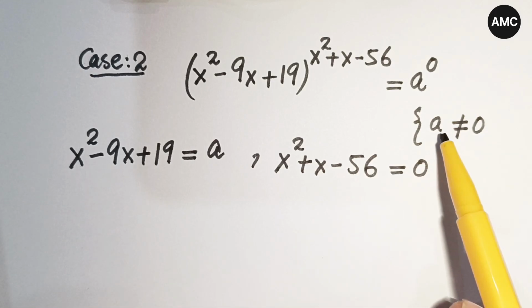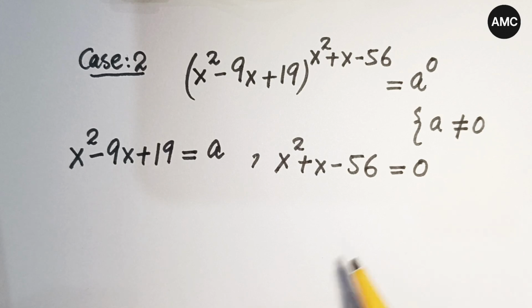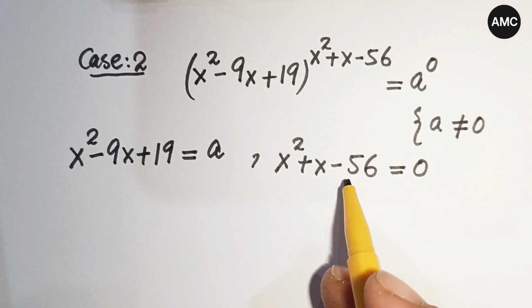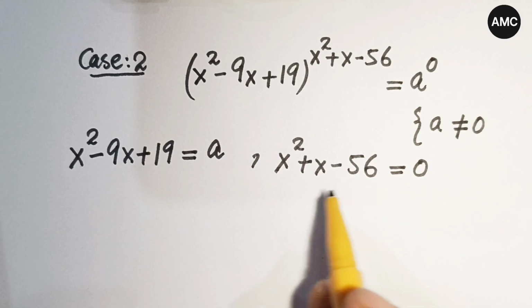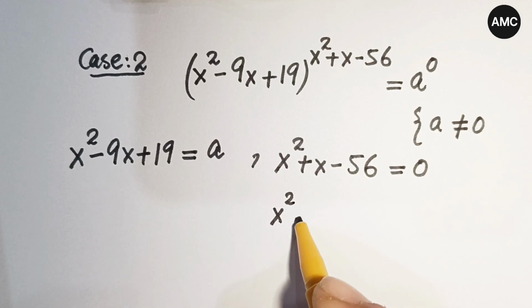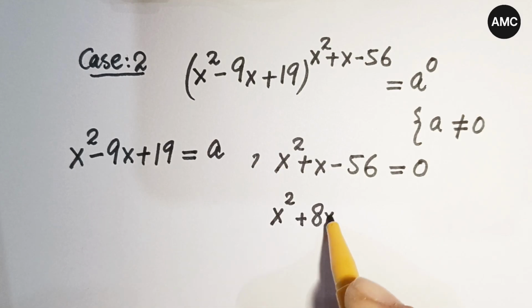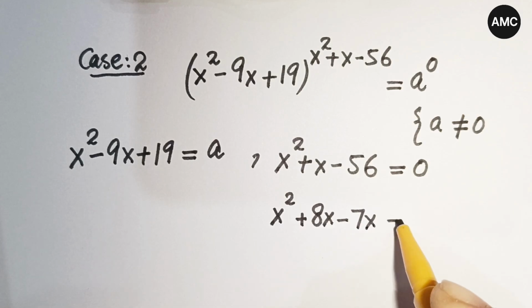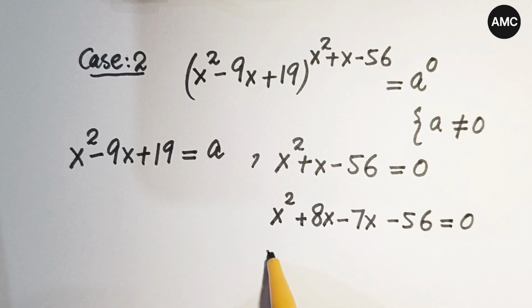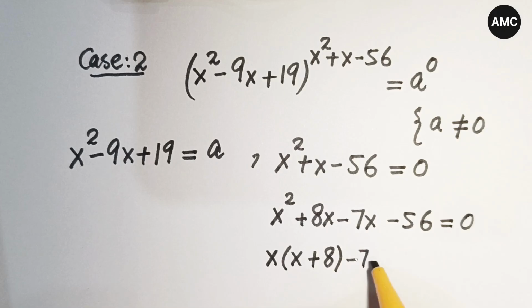But don't forget that a is not equal to 0. We can factorize this equation: x² + 8x − 7x − 56 = 0. Taking x common, we have x + 8, and taking −7 common, we get (x + 8)(x − 7) = 0.